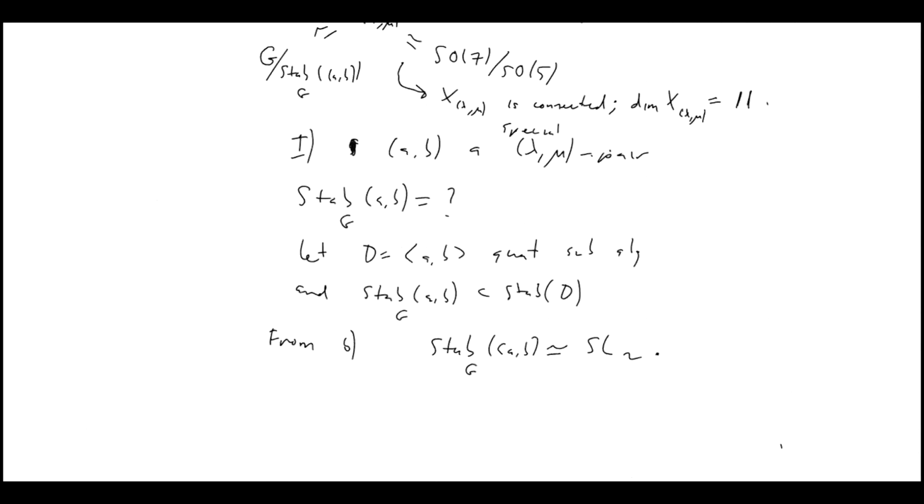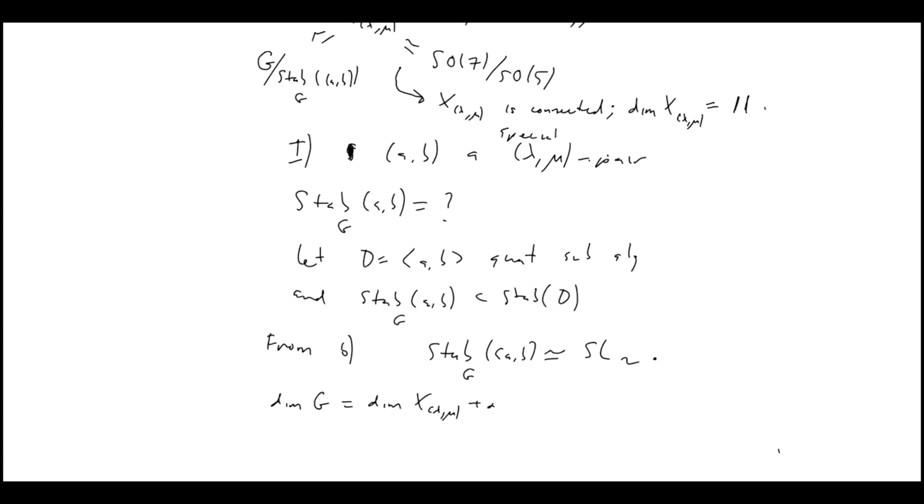Now we get G's dimension: the dimension of G is the dimension of X, lambda mu, plus the dimension of SL2. We found that the dimension of X was 11, and the dimension of SL2 is 3, so the dimension of G is 14.